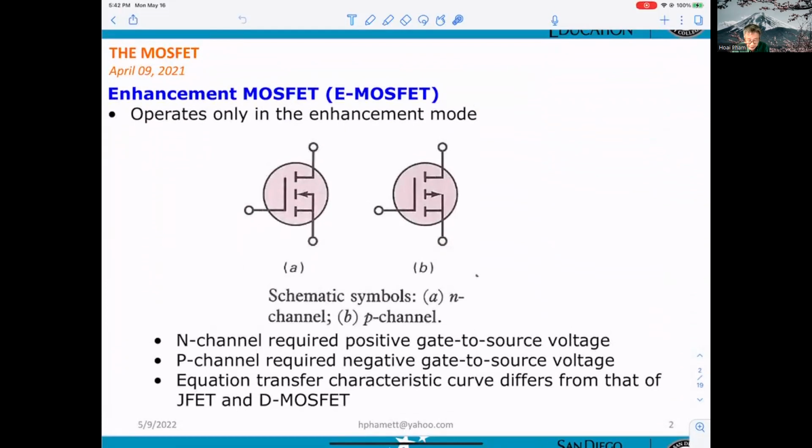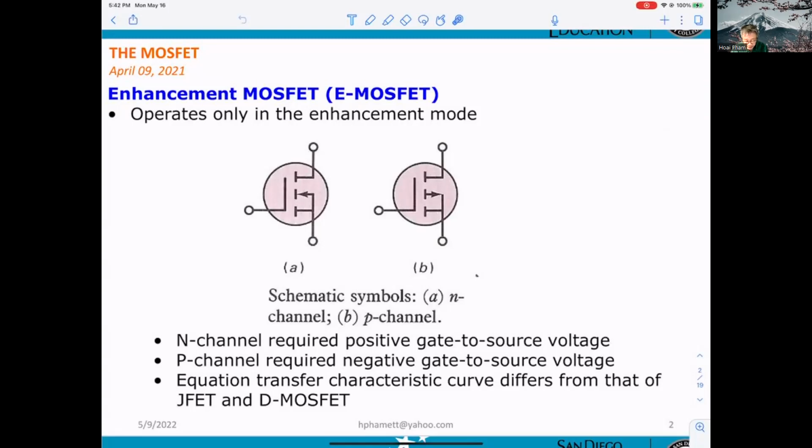The enhancement MOSFET operates only in enhancement mode. N channel requires positive gate-to-source voltage, and P channel requires negative gate-to-source voltage.